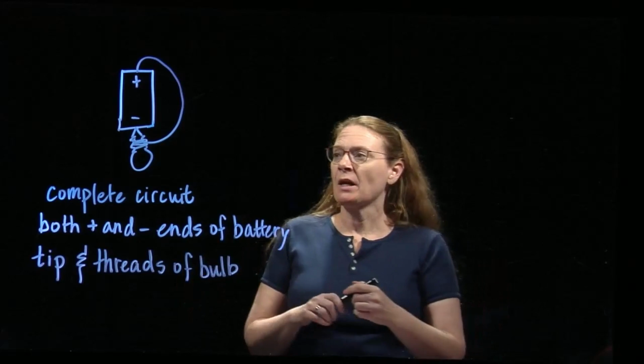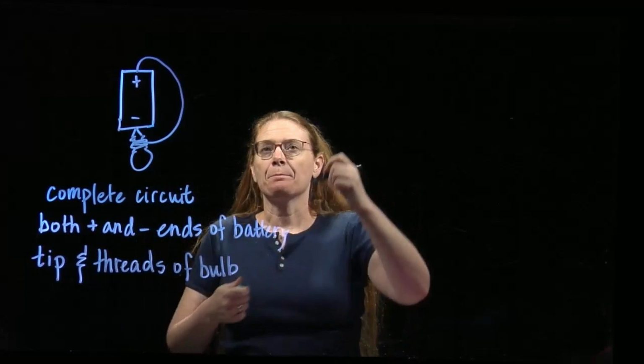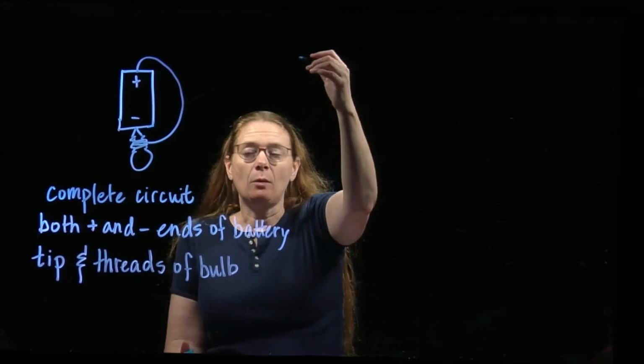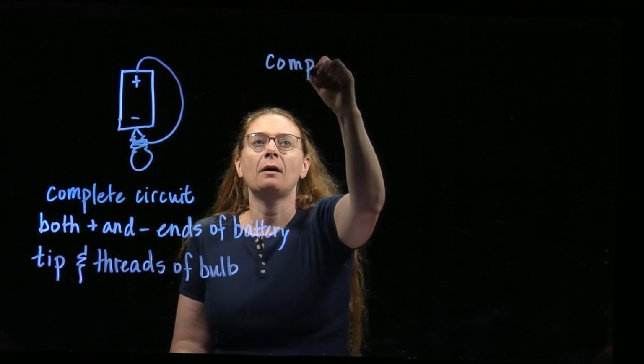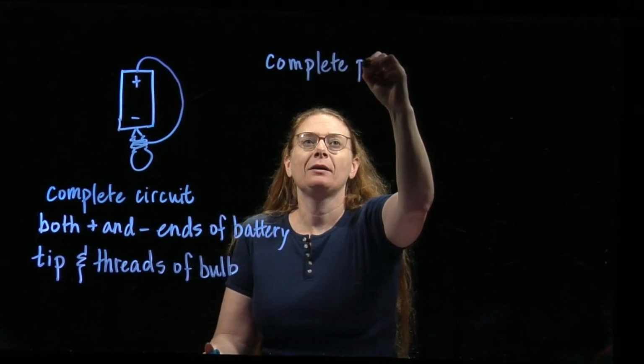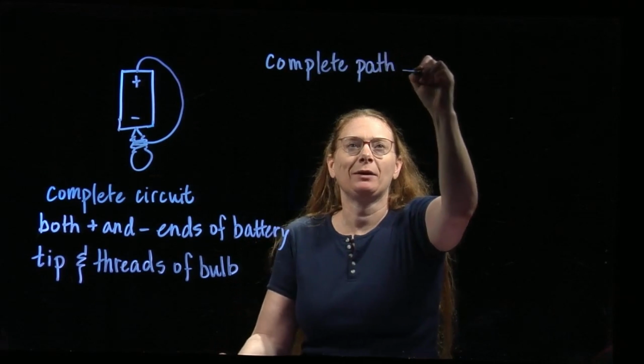If we put these all together, we would say to light a bulb with a battery and a wire, you need a complete path of, now here's an interesting gap I'm going to leave.